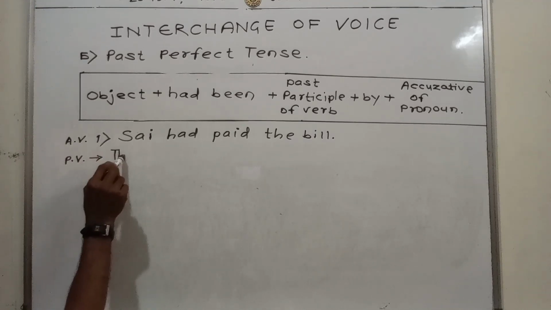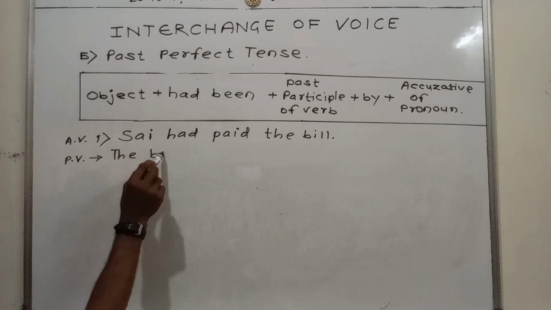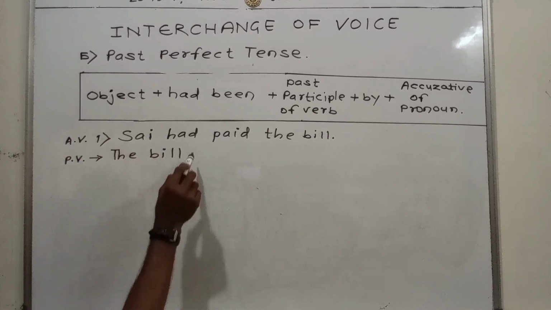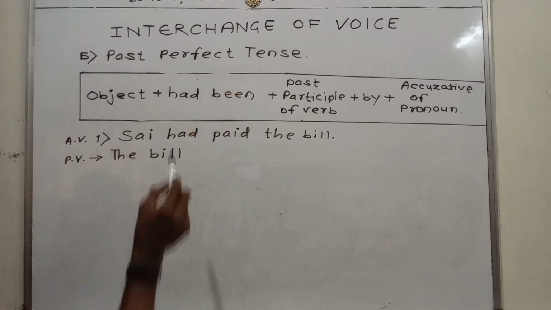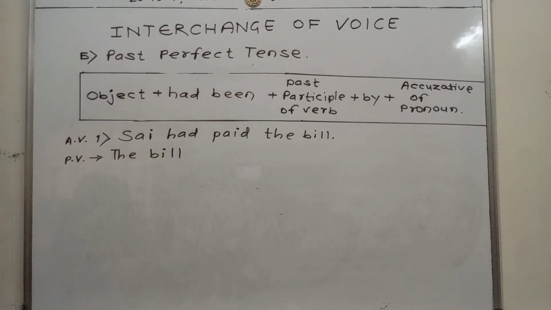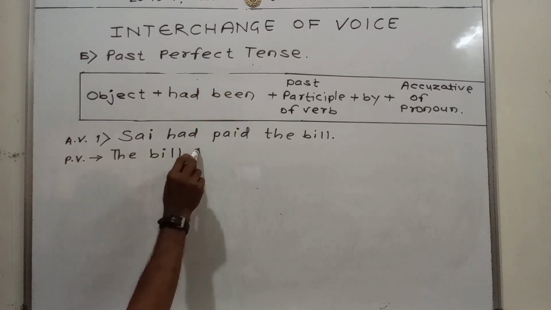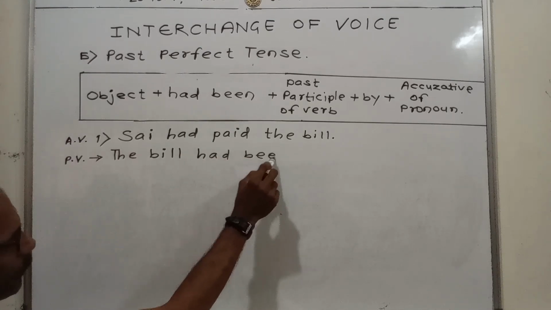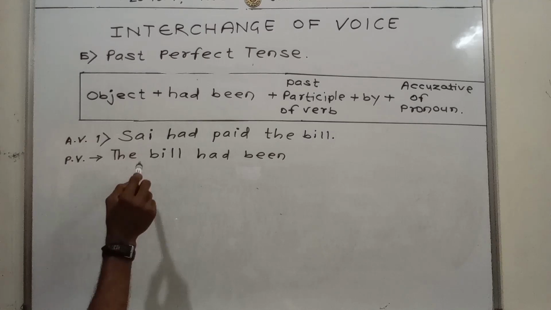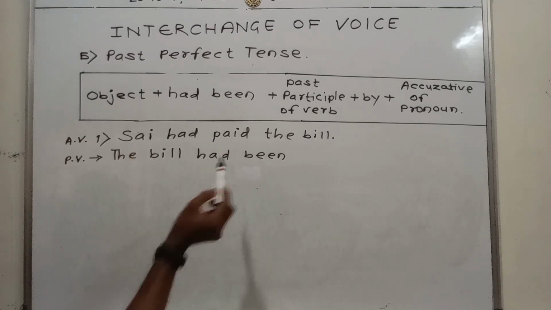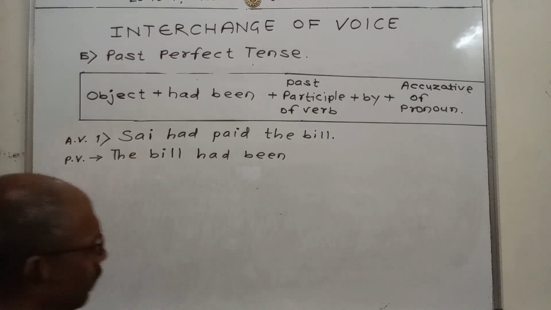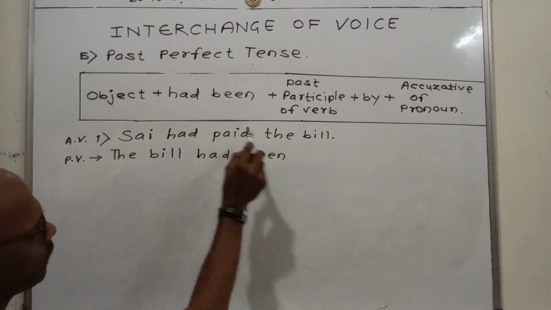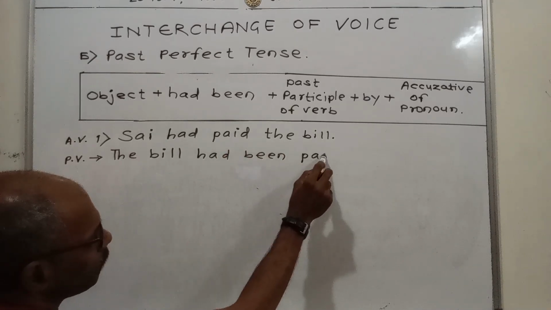We start with object, the bill. Here only one auxiliary verb, had been, means singular, plural, right here, had been. The bill had been, what is, paid.